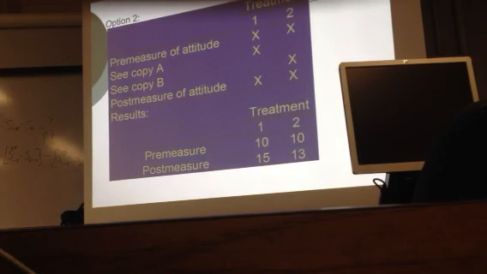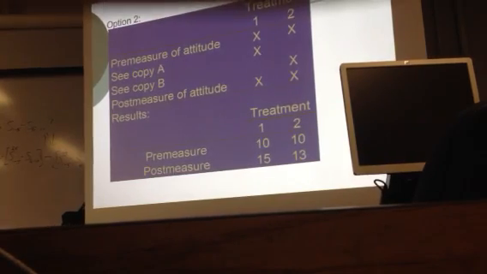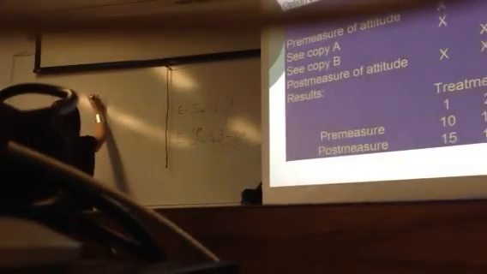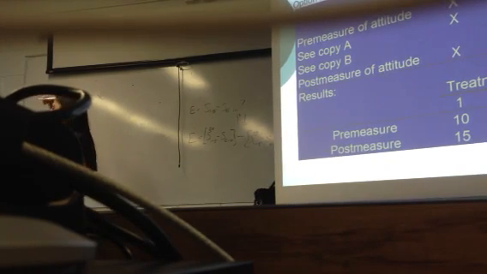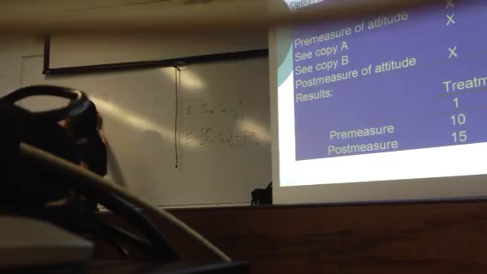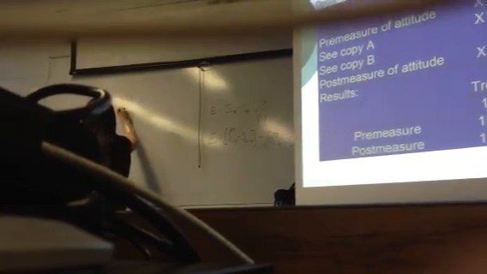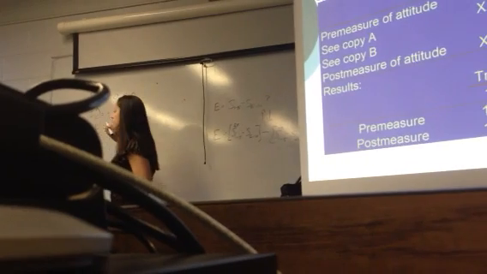We have O1, which is attitude toward the brand at first, then what do we have? An X, which will be the exposure of A, and then we have O2, okay? And then the second one will be O3, XB, O4, okay? And then the effect would be what?